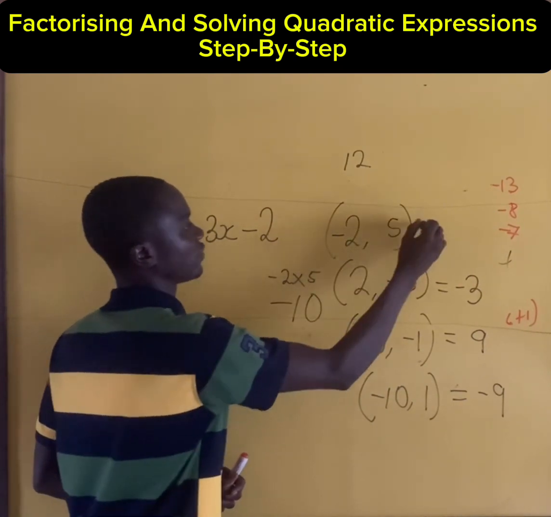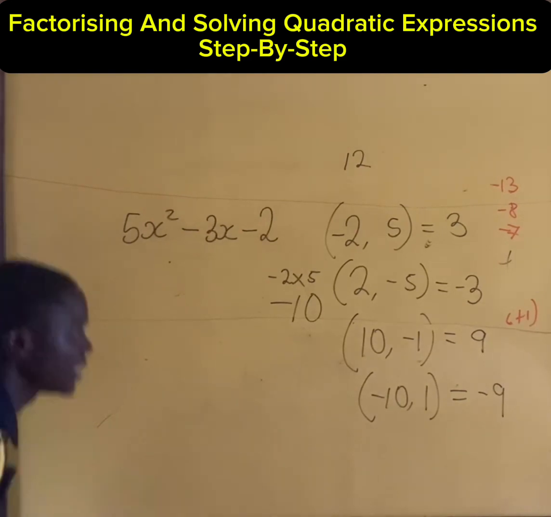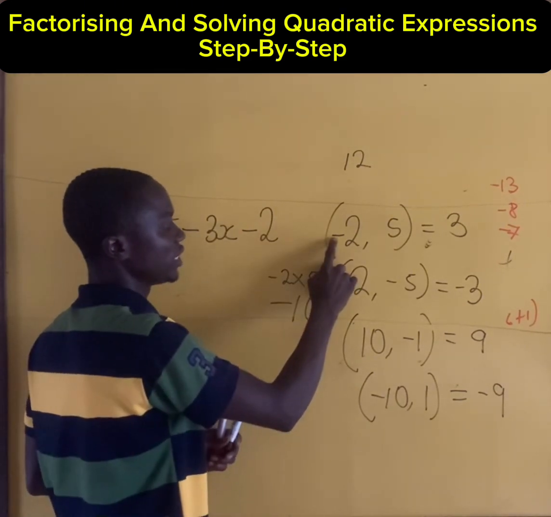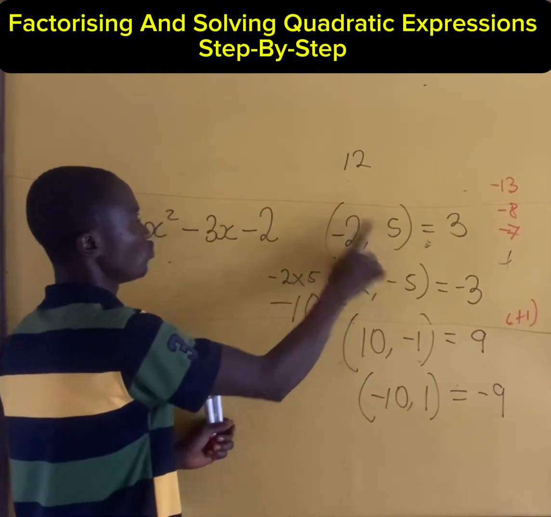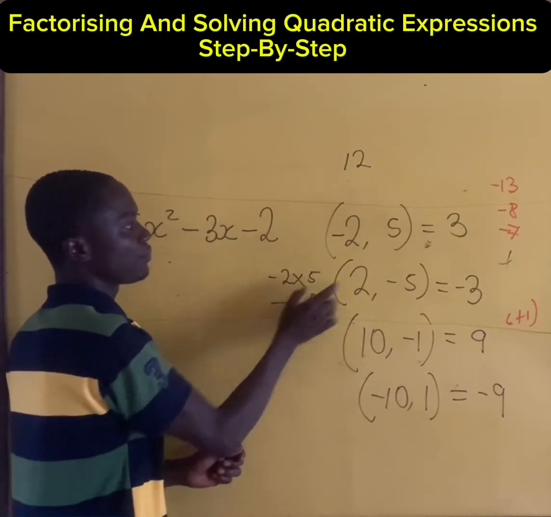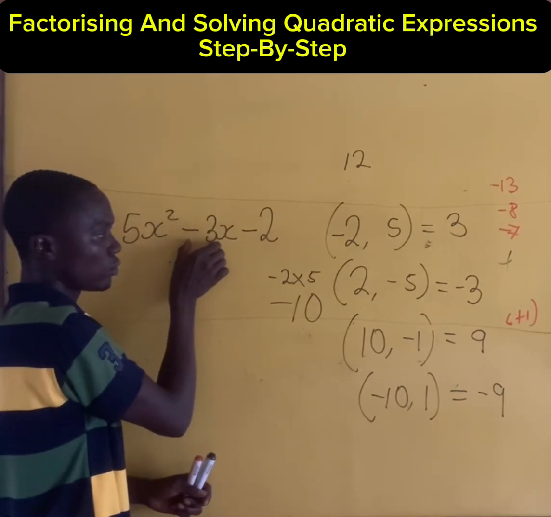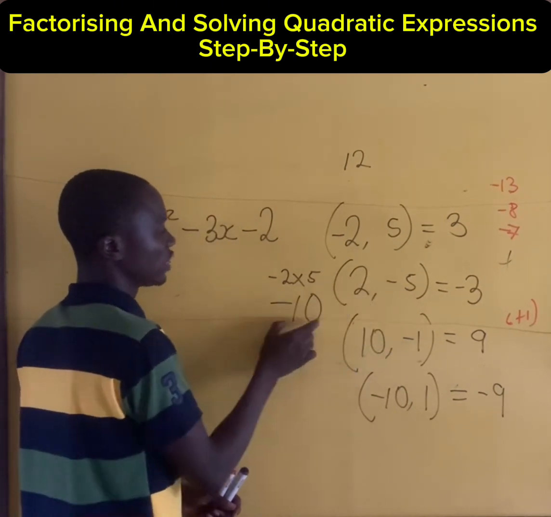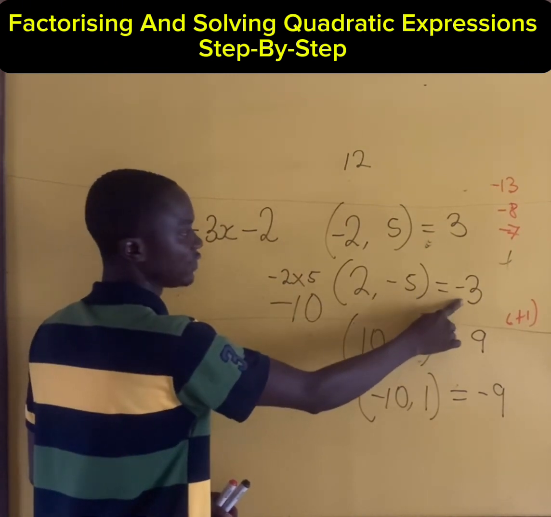Negative 2 plus 5 will give me positive 3. Wow. So you've seen the reason why we change the signs. Negative 2 times 5 will give me the negative 10. But if I add, it won't give me the negative 3. Wow. 2 times negative 5 will give me negative 10. If I add this, it will give me the negative 3.